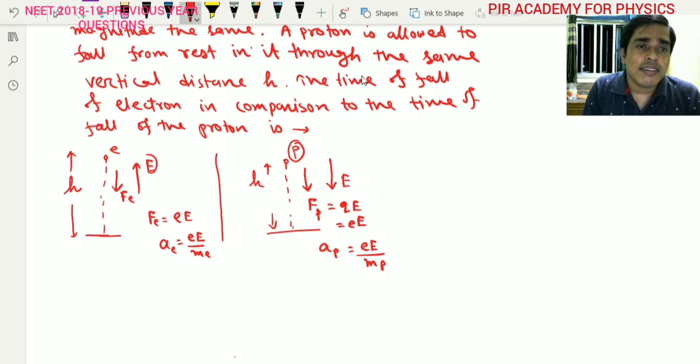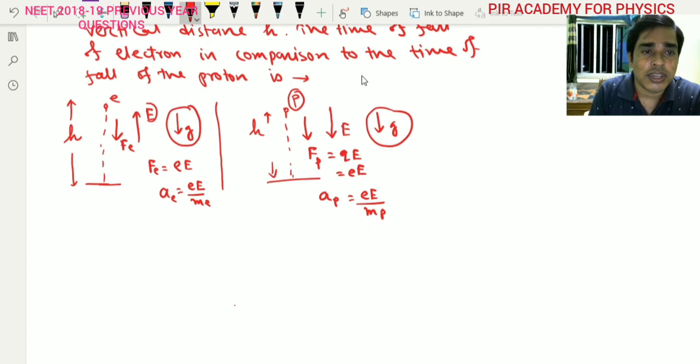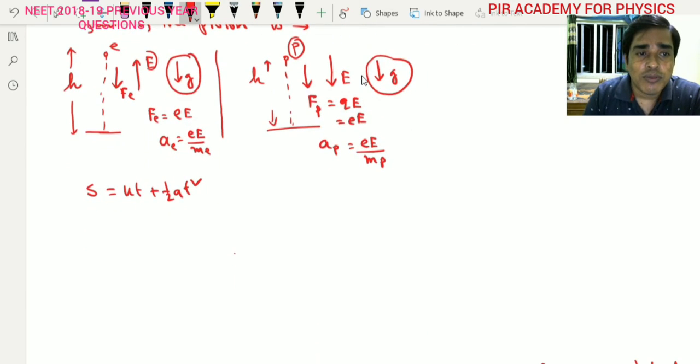In both cases, there is a gravitational acceleration, which is the same in both cases, so you can neglect it for the calculation. Now you have to use the one-dimensional formula: S equals ut plus half at squared. Here S equals h and the initial velocity is 0.